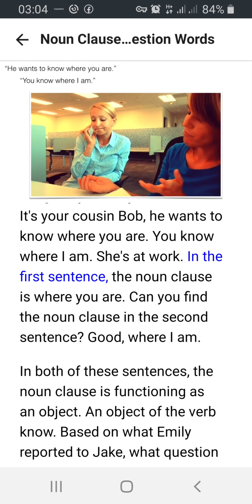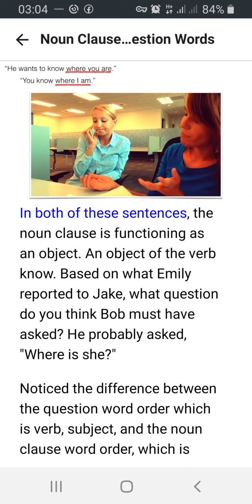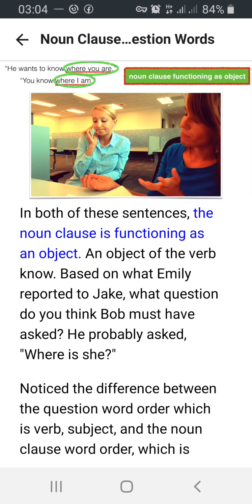In the first sentence, the noun clause is where you are. Can you find the noun clause in the second sentence? Good. Where I am. In both of these sentences, the noun clause is functioning as an object of the verb know. Based on what Emily reported to Jake, what question do you think Bob must have asked?